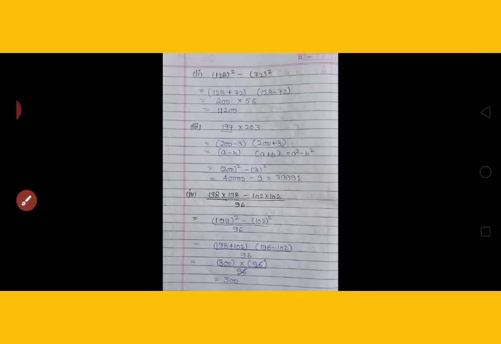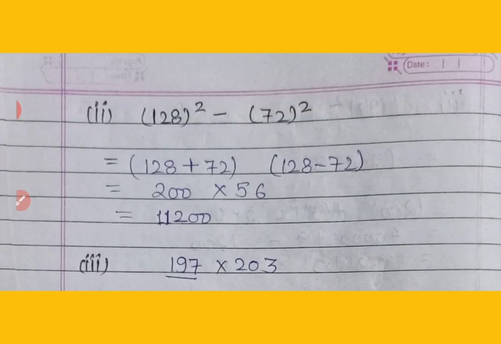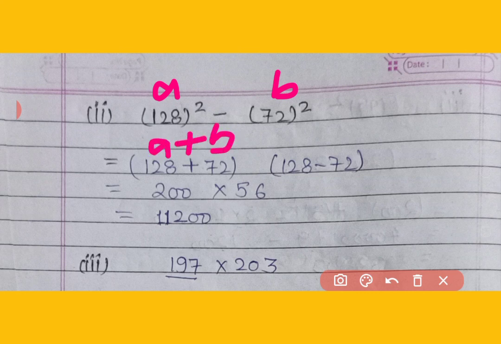Next question, it has given 128 square minus 72 square. So when it is given in the form of a square minus b square, then in the first bracket there will be a plus b, and in the second bracket a minus b. This is a, this is b.